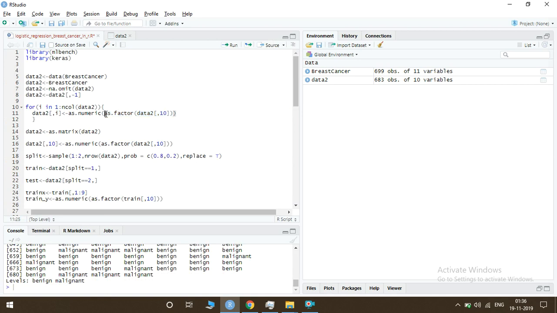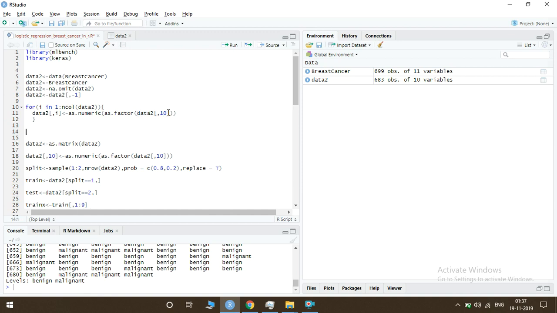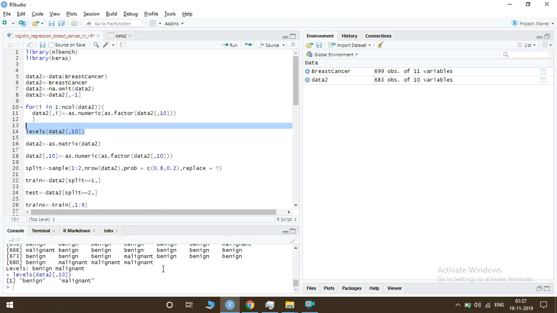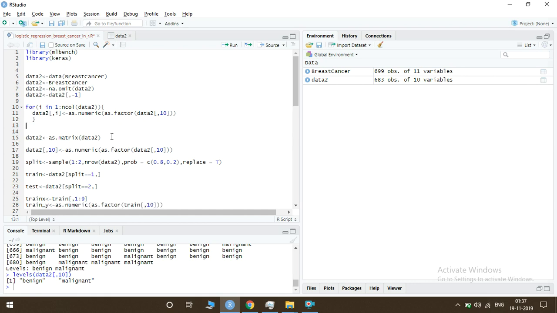I'm sorry for the pronunciation since I'm not from a medical background. If you want to see the levels, you would copy this and type levels. So it has got two levels, one is benign and another is malignant.